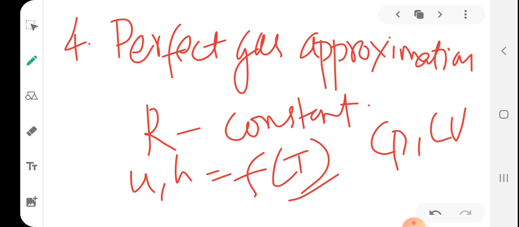In case of real gases, Cp and Cv are functions of T. So for the range of property variation that we are interested in, the deviation due to perfect gas assumption is very little. So perfect gas approximation is applied. So these are the four different assumptions we are using.